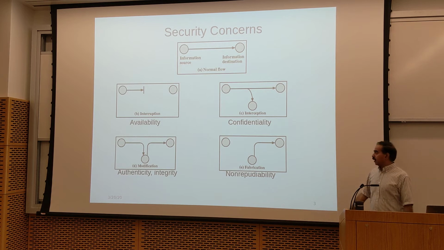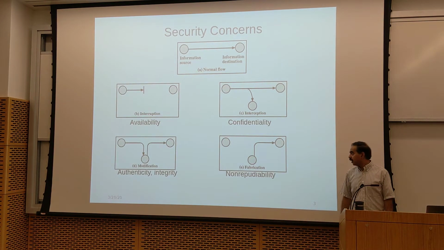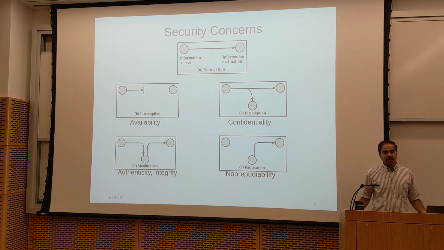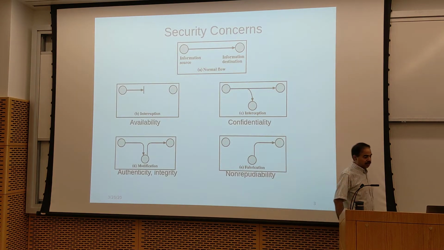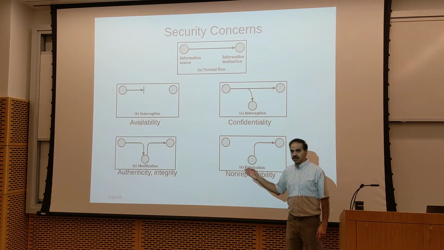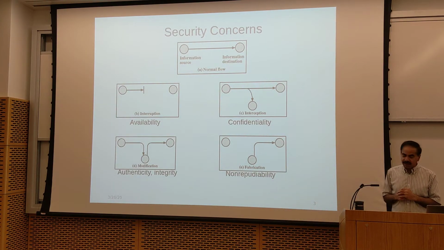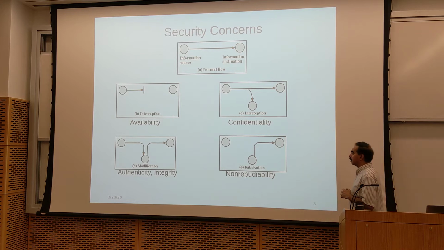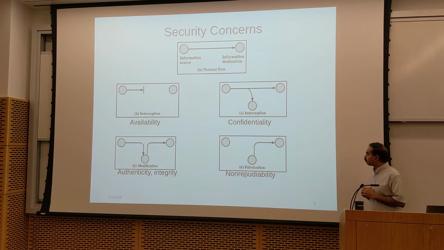Then the third one is a modification. So the adversary intercepts the message and modifies it and sends it over, and that is an attack on integrity and also authenticity, right? Again, these words have an English meaning, and the technical meaning is very consistent with the English meaning, and we'll come to the technical meaning later on.